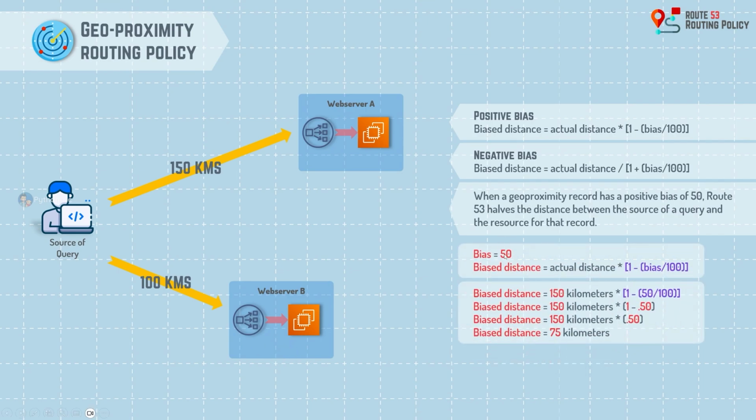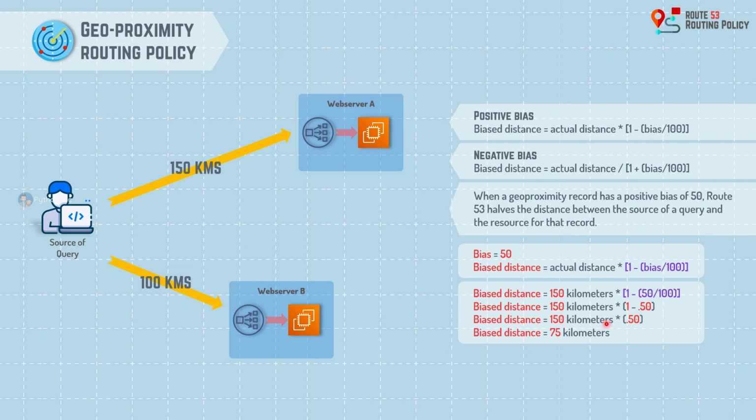So now let's see the calculation here. So the bias is 50. The bias distance is actual distance multiplied by 1 minus bias by 100. So bias distance for web server A, as the actual distance is 150 kilometers, is 150 kilometers multiplied by 1 minus the bias value, that is 50 by 100, which is 150 multiplied by 1 minus 0.50. That is basically 0.50.